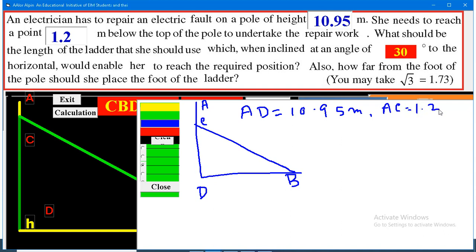Now I have to work in this triangle. This is my reference triangle, right angle triangle. So in this triangle I have to find this CD. CD is nothing but AD minus AC, correct?